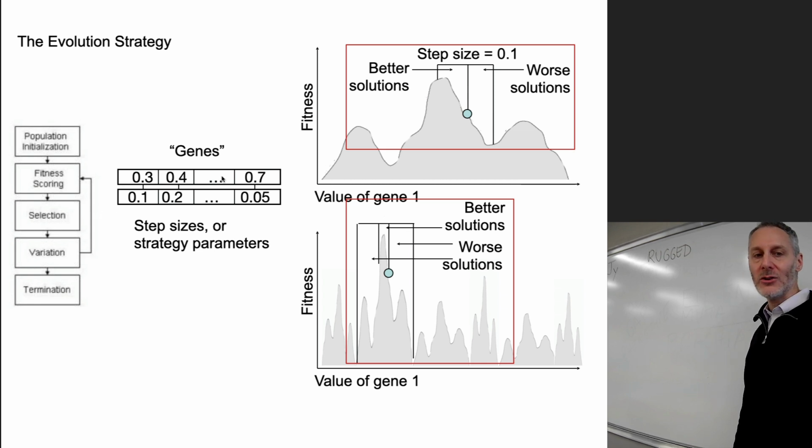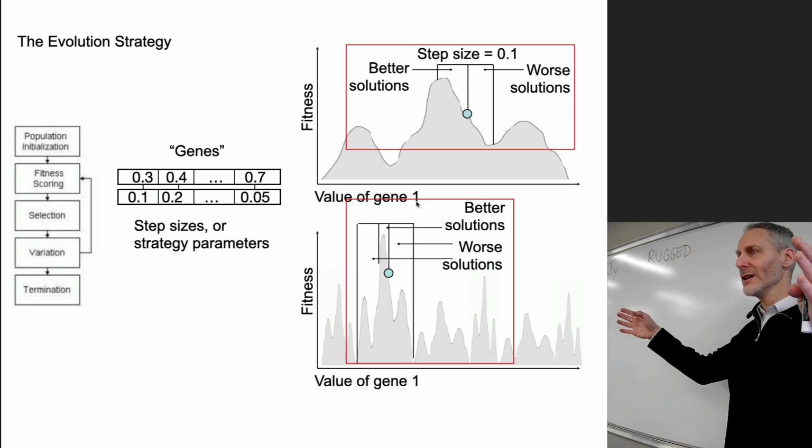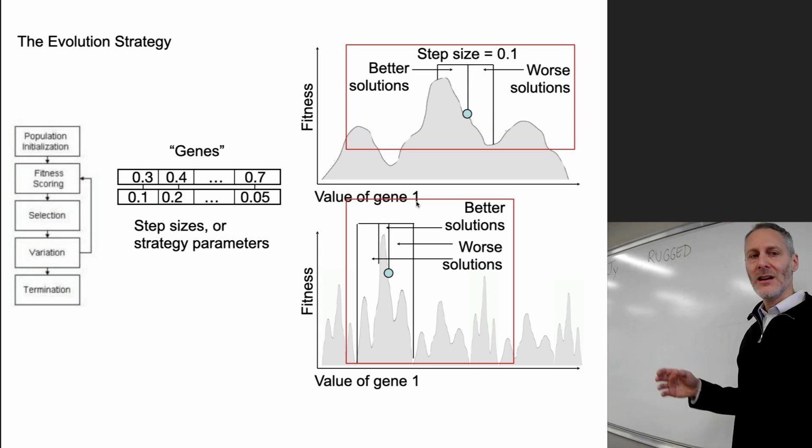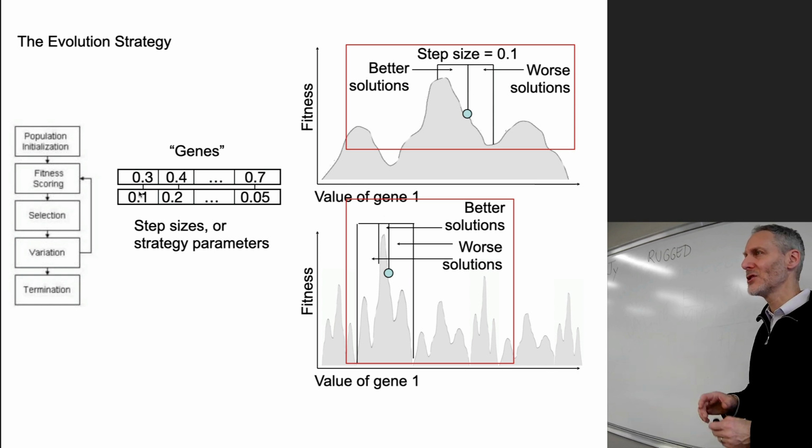Every gene value that encodes part of the candidate solution has a corresponding value associated with it, which is that gene's step size. We just talked about step size and mutation magnitude for the whole organism or the whole machine. Now we're suddenly talking about individual genes having individual step sizes.